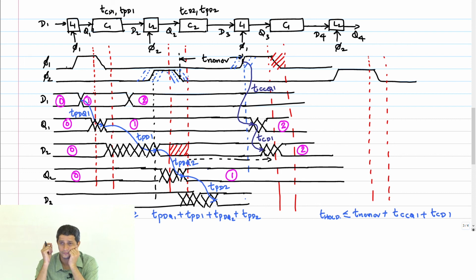Yeah, it does. Just exactly like how it would affect my earlier thing, I would simply add skew here. Correct? Because now my hold window has moved to the right. If there's skew, this hold window would have moved here.